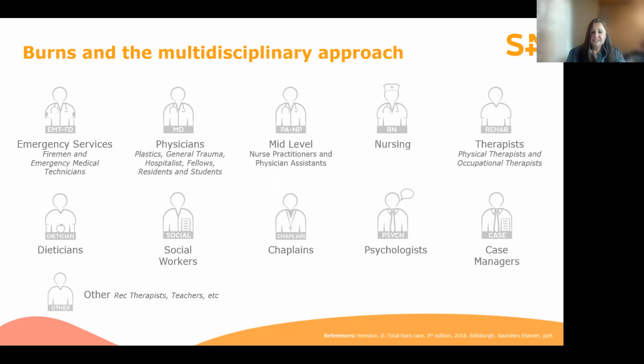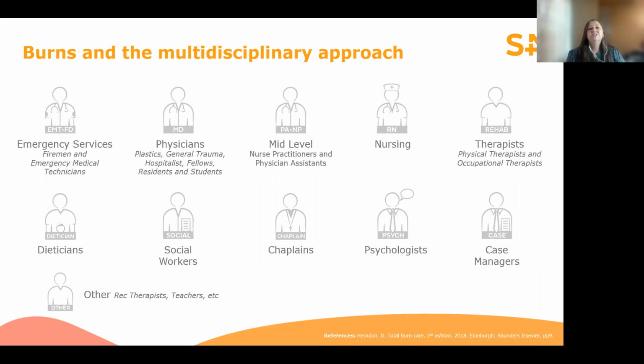Of course, our physicians are in charge of patient care, surgical debridement, grafting, and their ongoing directives. Our mid-level providers support our physicians. These are nurse practitioners and physician's assistants that are alongside the physicians in the OR, as well as directing care on the floors and in the clinics.